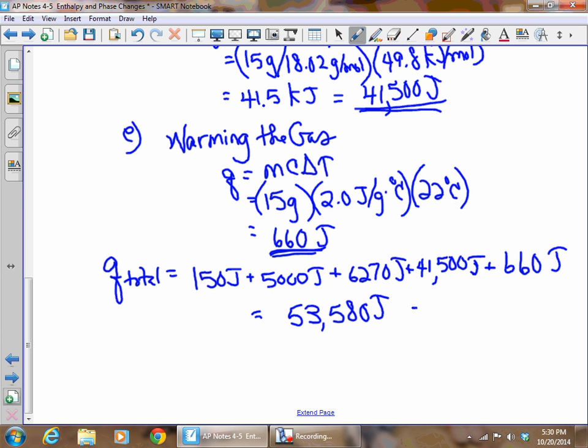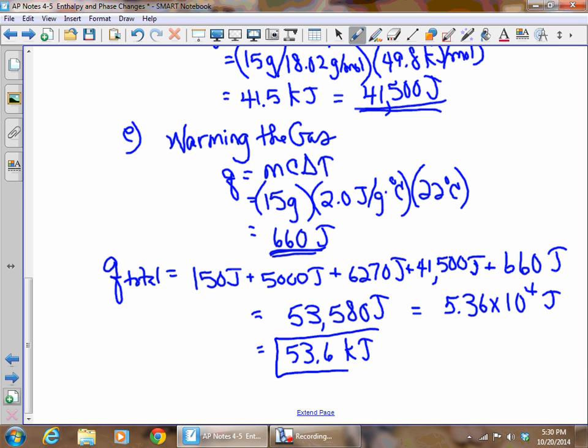I can report it as 5.36 times 10 to the fourth joules, or I can report it as 53.6 kilojoules. Either way, that is the total amount of heat involved in this process.